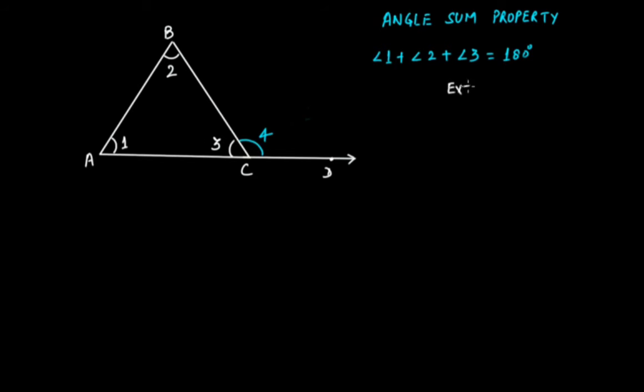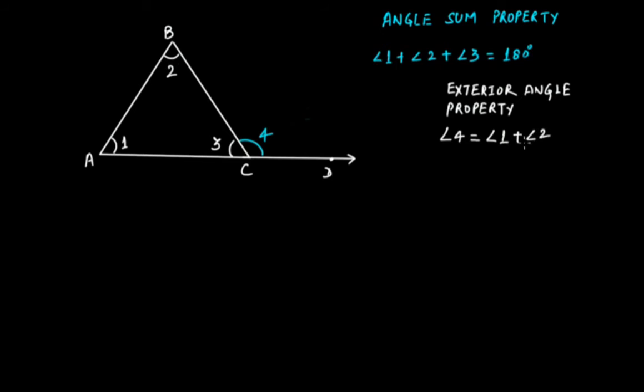Remember the exterior angle property that we discussed just in our previous video? According to the exterior angle property, this angle 4 will be equal to angle 1 plus angle 2.